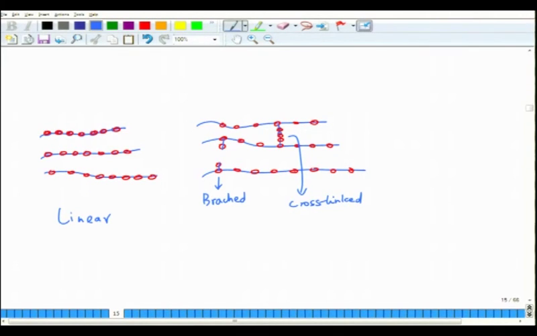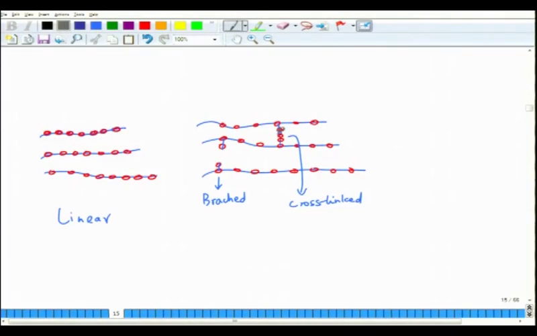In cross linking, you can have mer units and you can have some other units. Cross linkers are typically different. For example, when you vulcanize, sulfur makes the cross links. So, cross linker molecules can be different.